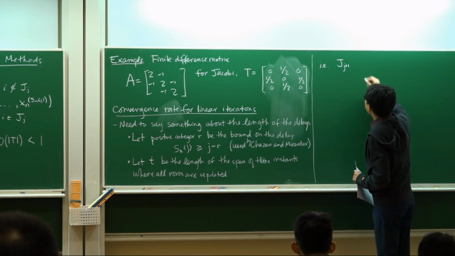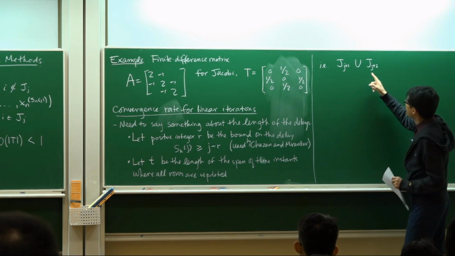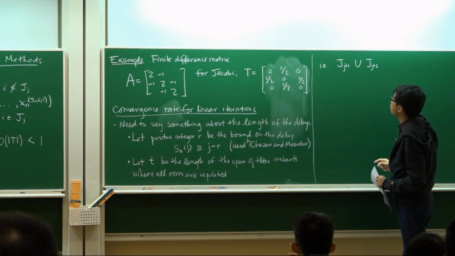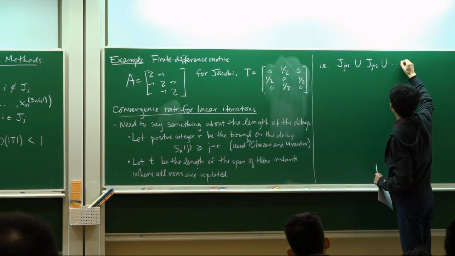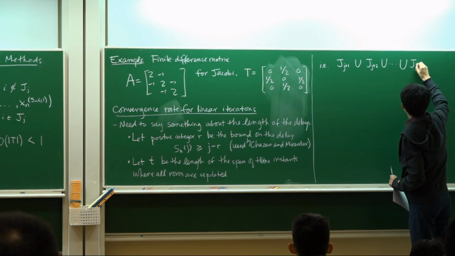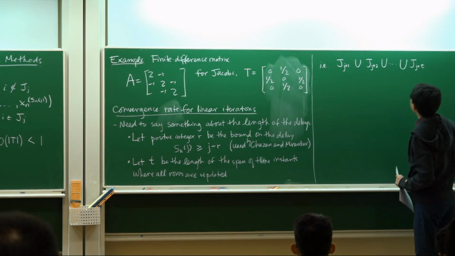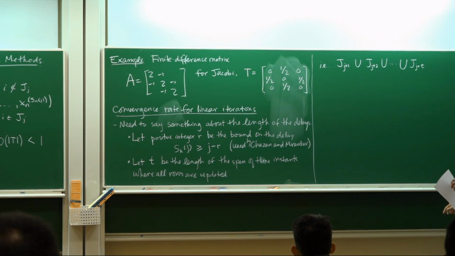And then we look at time instant j plus 2, and this is the union of those two sets of indices, all the way up to J of time instant j plus t. So these are t time instants.